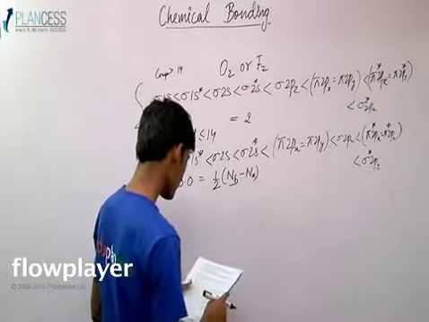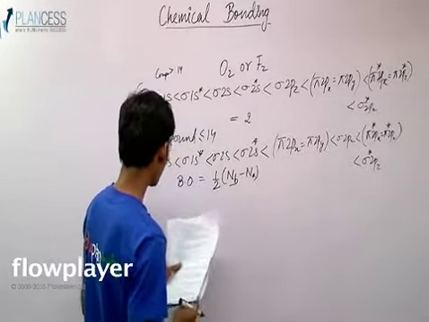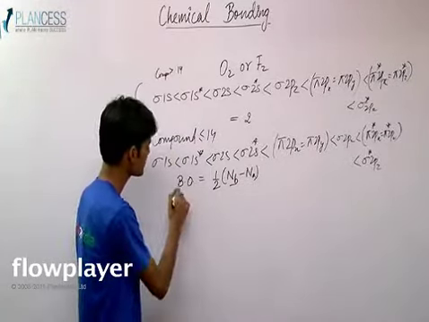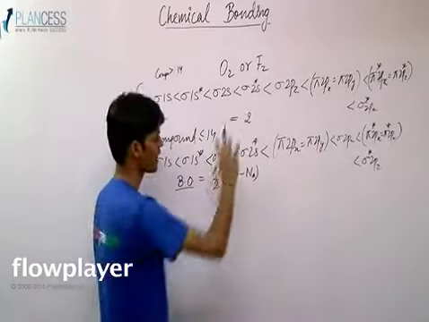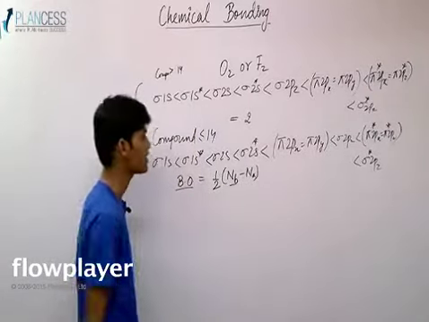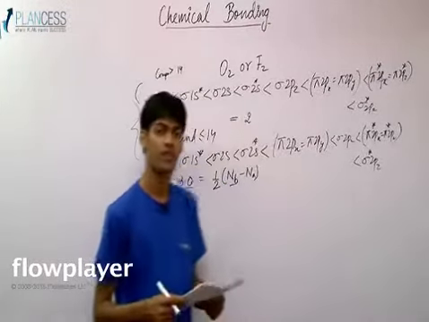We can also compare the bond length, because as the bond order increases, the bond length decreases. So we can compare both bond order and bond length according to MOT, which was not possible with valence bond theory.